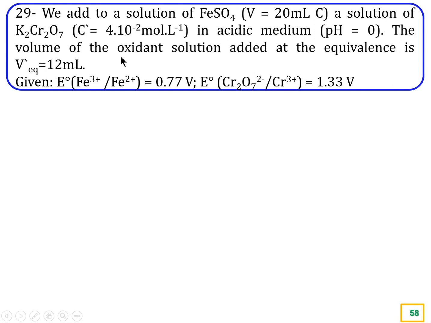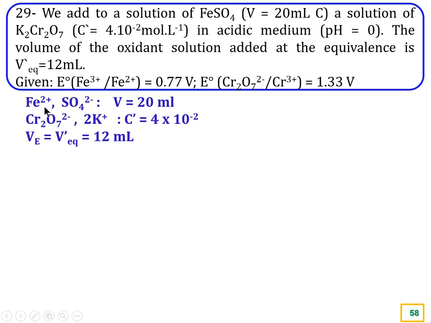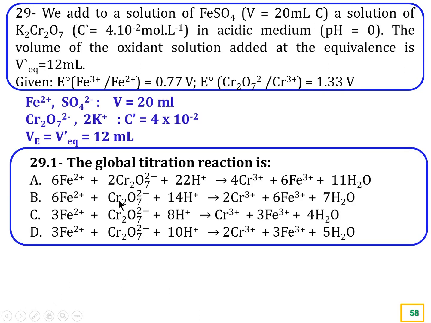The volume of the oxidant solution added at equivalence is V equivalence equal to 12 ml. So given Fe2+ and SO4 2- ions, V equal to 20 ml, the other couple is dichromate, the concentration 4 times 10 to the power minus 2, and the V equivalence is equal to 12 ml.